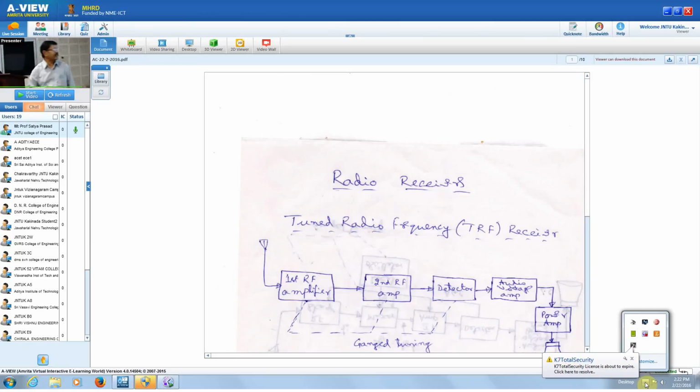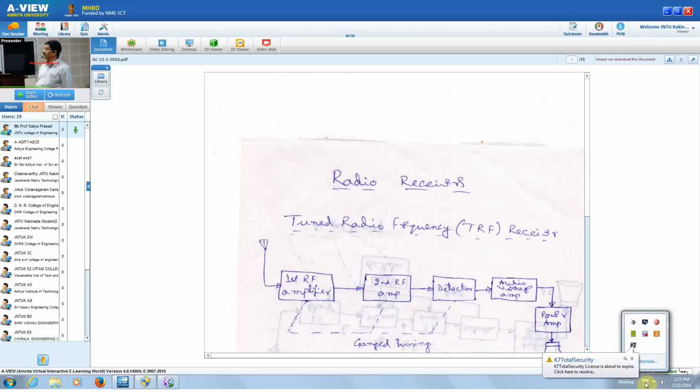because when the received signal selected is 800 kilohertz, all these stages have to tune to the required 800 kilohertz frequency.